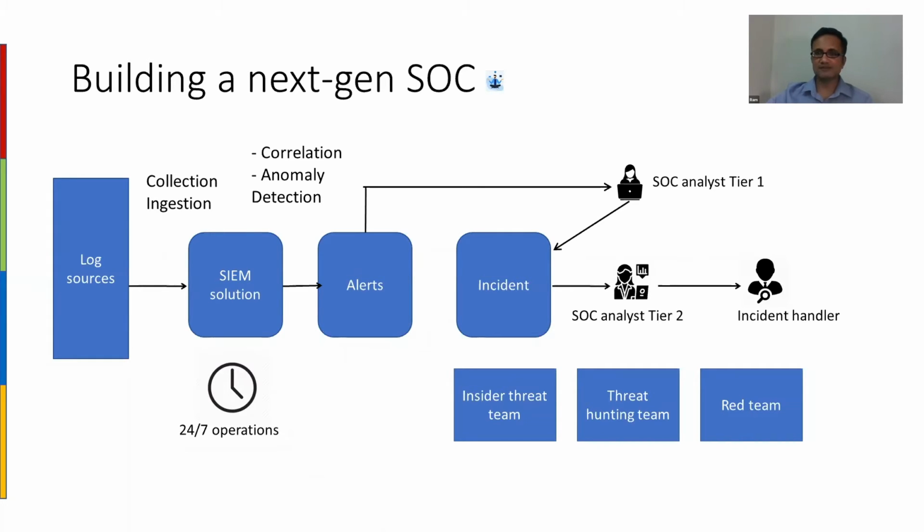Then you can also have something called the red team within the SOC. The red team looks for vulnerabilities and loopholes in your security posture. They will actively conduct hacking tests and share the intelligence with the rest of the team. See, it's always better for a company to hack itself before somebody from the external world does it for them. It's very bad if an attacker does it first.